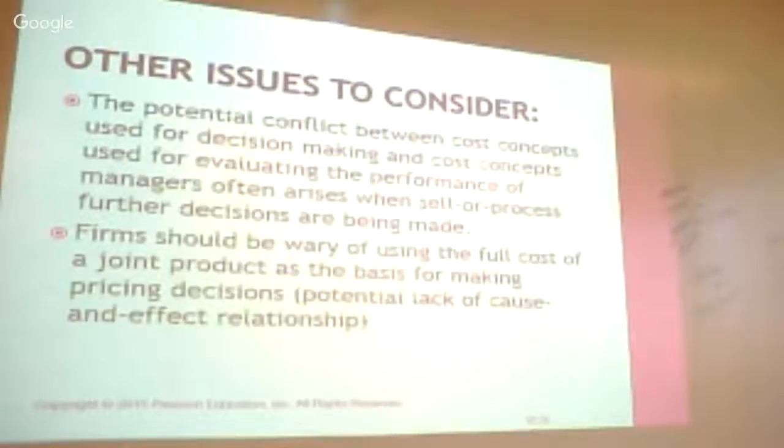Doing it one way will affect something different, so we have to keep that in mind, since one way might not benefit the managers and one way might benefit the managers. We still have that theme throughout the semester. Firms should be wary of using the full cost of a joint product as the basis for making pricing decisions, because of the potential lack of a cause and effect relationship.